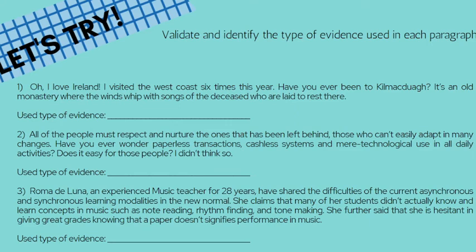It's an old monastery where the winds whip with songs of the deceased who are laid to rest there. What type of evidence is used in this paragraph? 1, 2, 3, time's up. The type of evidence used here is anecdotal evidence.